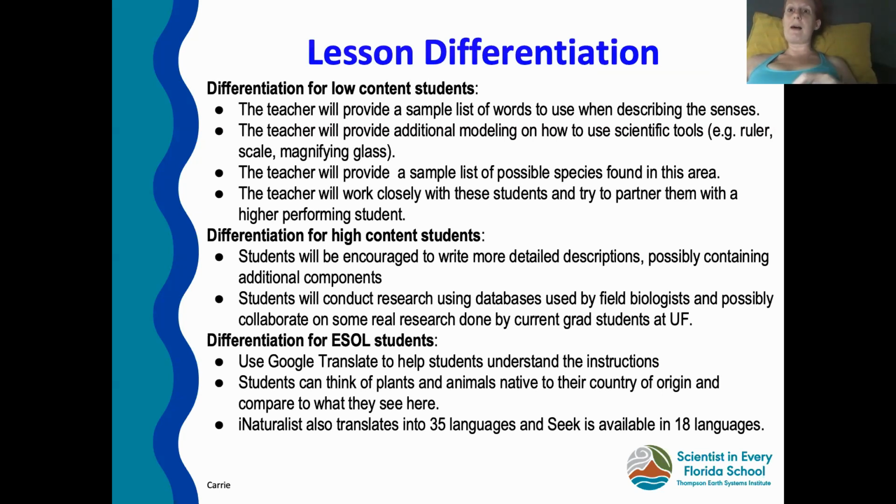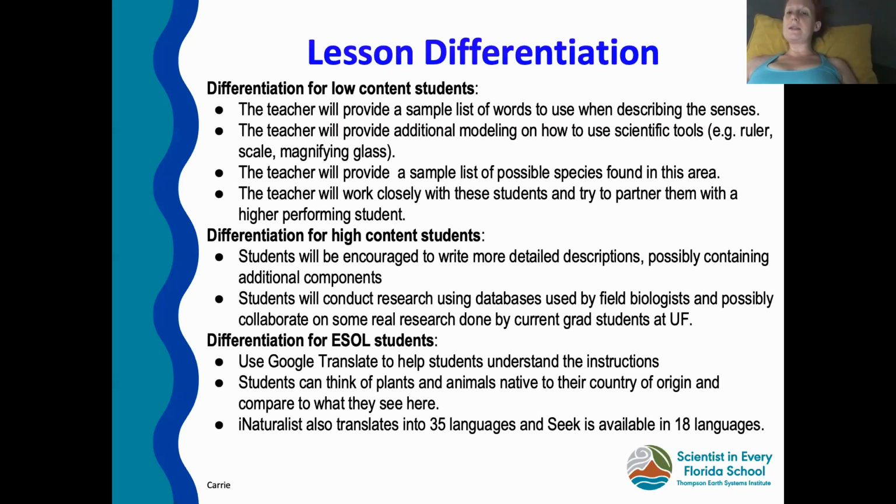If I use a magnifying glass, what type of details would I be looking for? So just provide a little bit more of that instruction to them. As students are older for high school, perhaps teachers can provide a sample list of possible species they may find, so more of a field guide to help those students. And certainly pairing kids together is always beneficial.